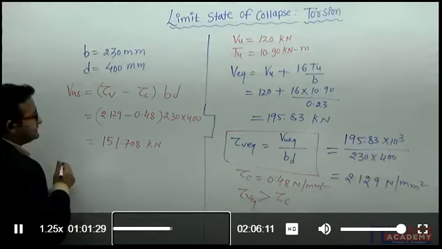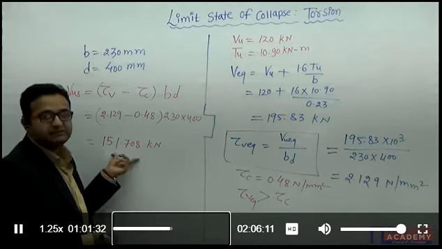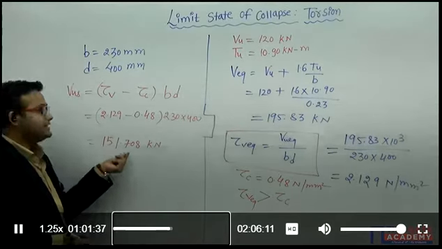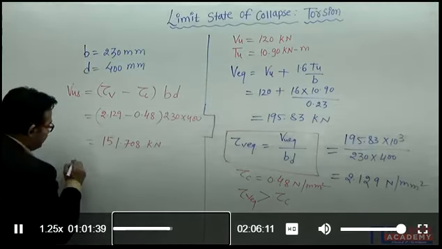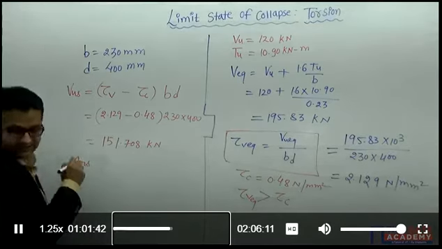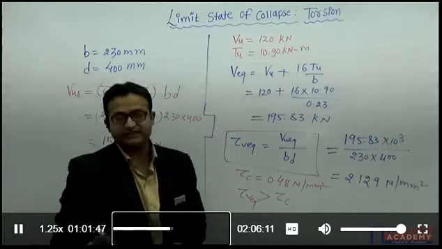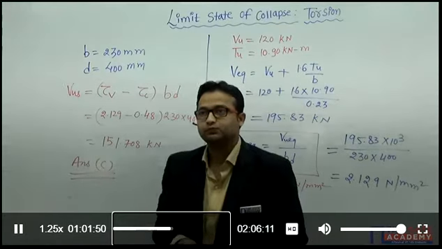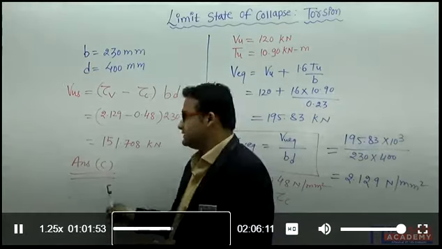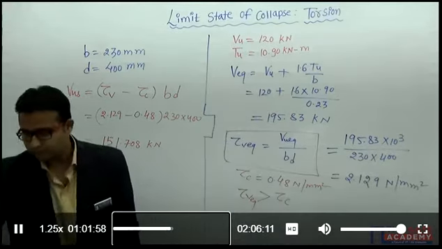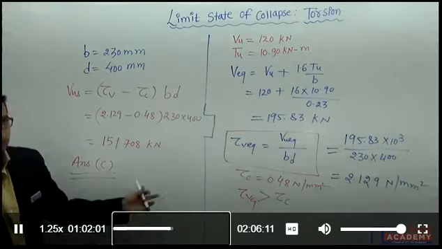So the shear stirrups shall be designed to carry the shear force of 151.708 kilonewton. So your answer is C, that is 151.67 kilonewton. This is the answer. Please note down.